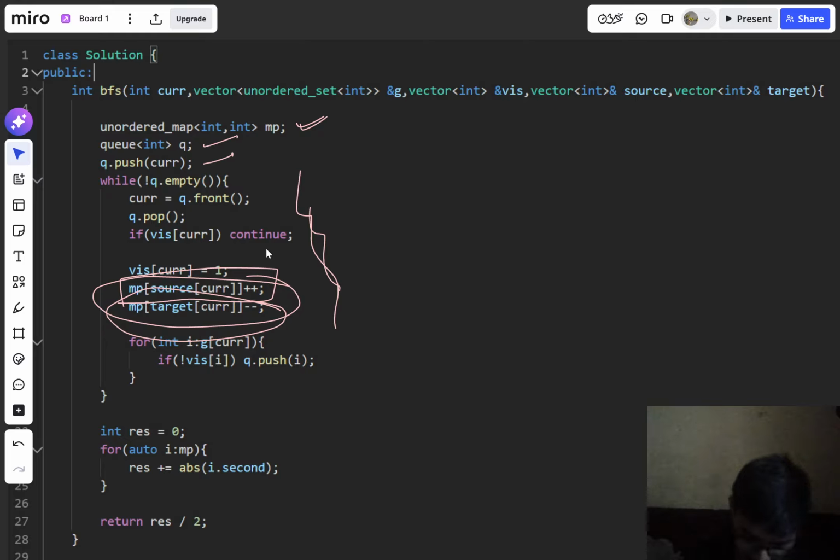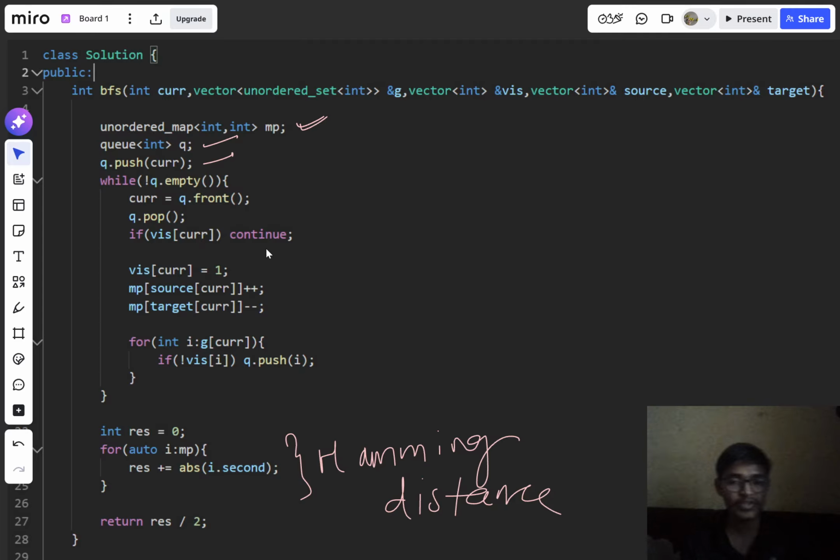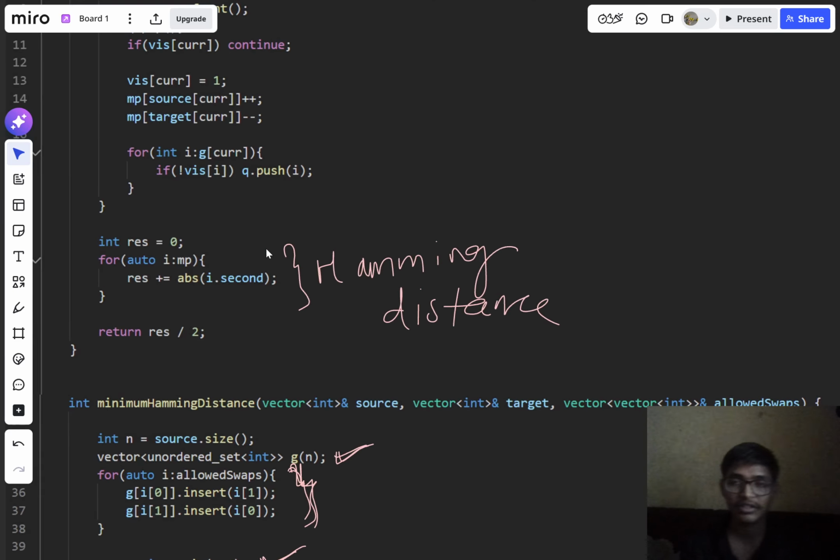And after balancing it, what we are calculating? This is the for loop which calculates the Hamming distance, or we can say the number of elements which are unbalanced. We have two arrays, so the unbalanced elements can be distributed into these two arrays.